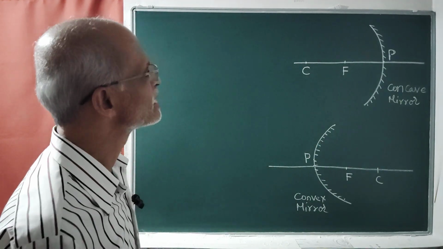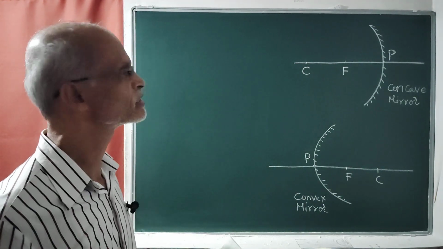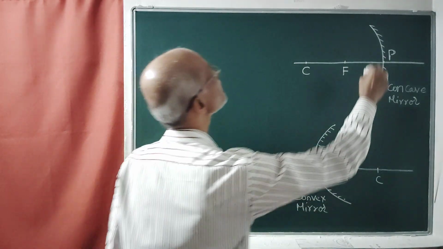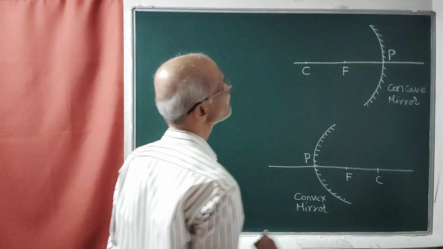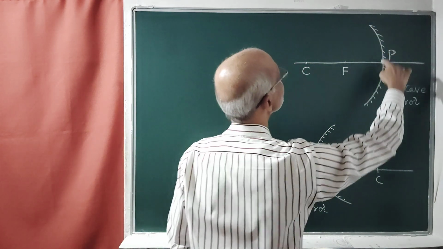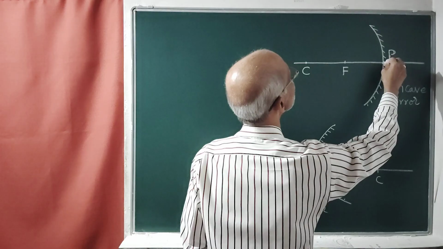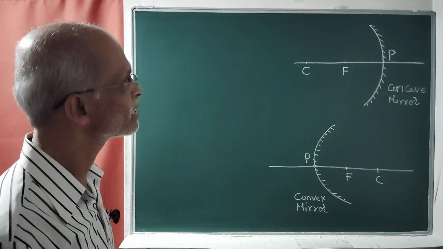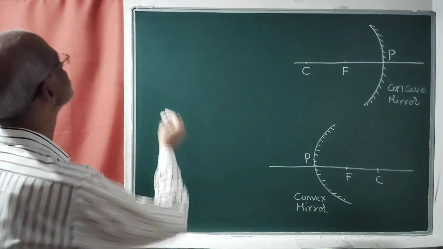Now we will see the different terms that they use. You can see it's a concave mirror. This point P is the midpoint of the mirror. It's called the pole.